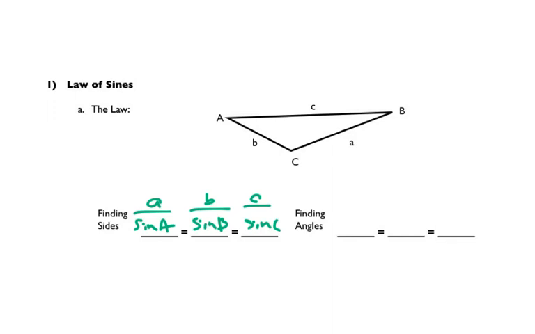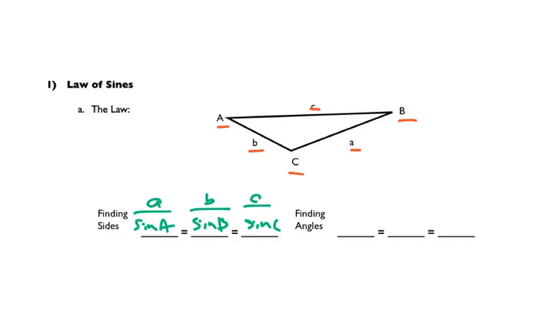missing side length. So the only difference with the law of sines regarding when we're trying to find angles is we are simply going to flip where we put our items. So we still have A, B, and C as our side lengths, and we still have angle A, B, and C, where they all correspond to, well, A and A, B and B, C and C. So as opposed to with finding sides, we are going to flip it.